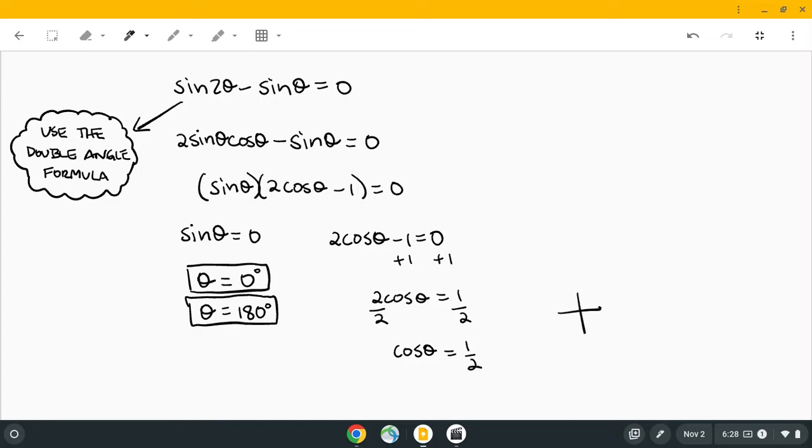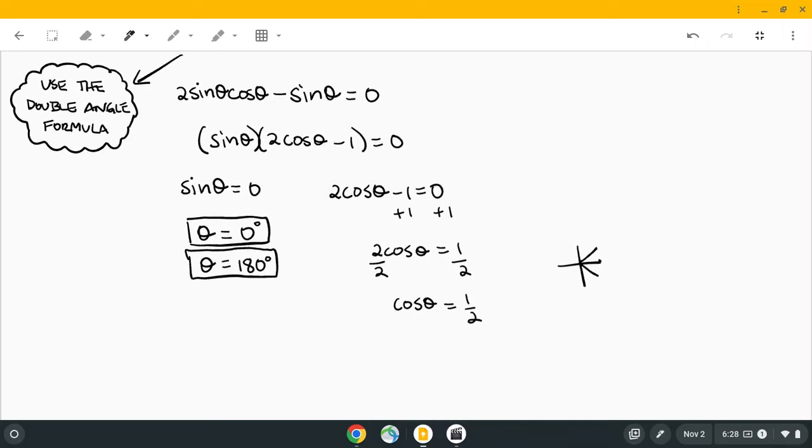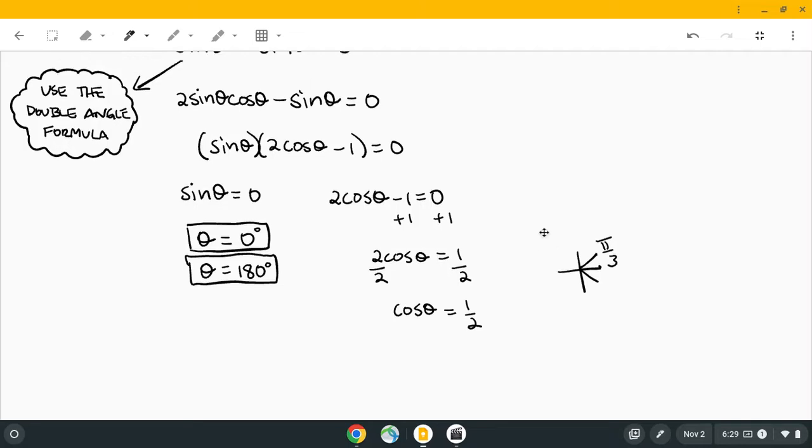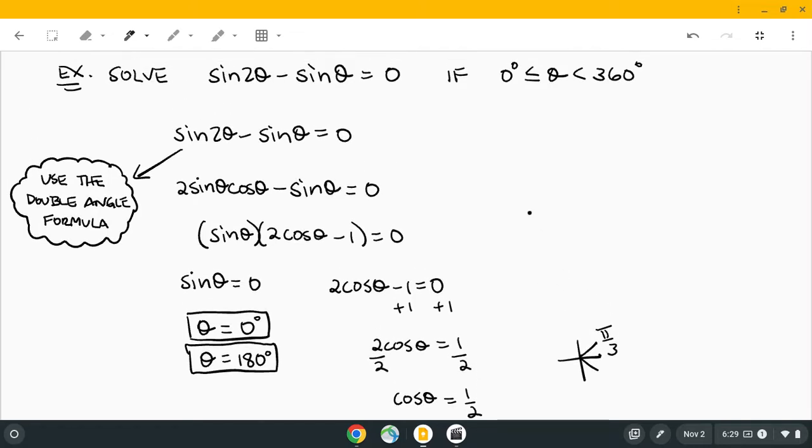So cosine is positive in this quadrant and in this quadrant. The x values are positive in those 2 quadrants. So that's going to be pi over 3. We can't say negative pi over 3 because actually, we're in degrees. So we will say 60 degrees. We can't say negative 60 degrees because we have this constraint here.